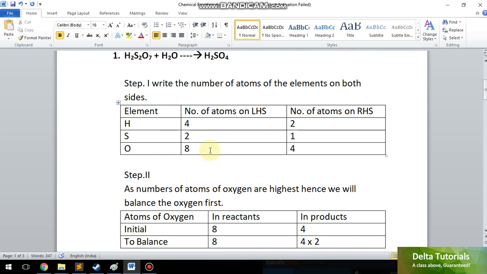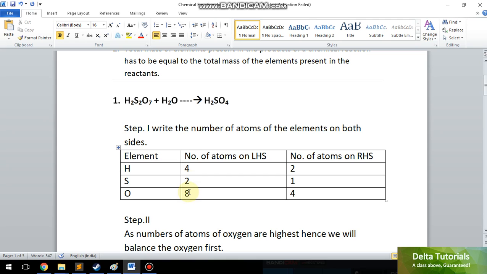Now in this case, oxygen has 8 atoms on the reactant side, and on the product side it has only 4 atoms. So we need to make this 4 into 8 so that they will be balanced. To make this 4 into 8, we need to multiply this 4 by 2, then it will become 8. Now multiplication means making these two numbers of atoms equal.